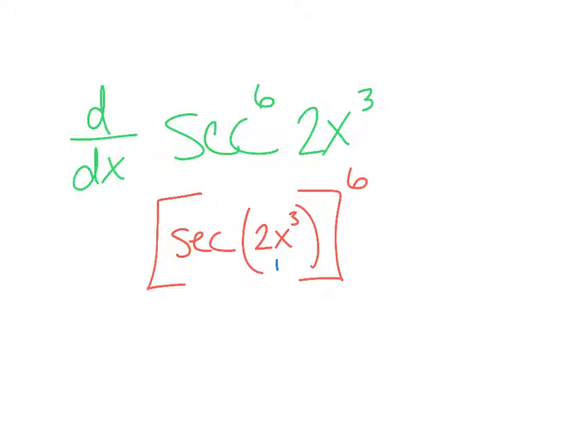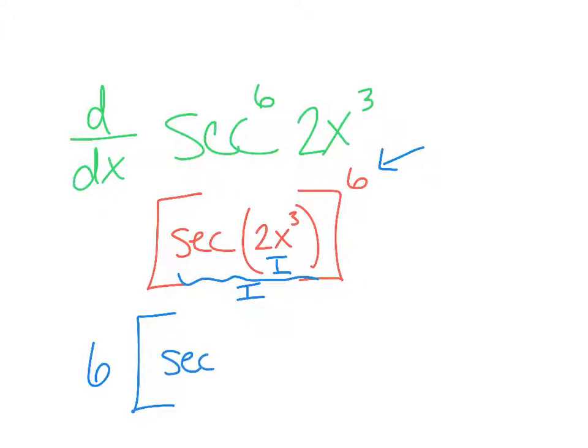Okay, so I've got my inside, my second inside, and then my outside. So derivative of the outside, so there's my power, leave the inside. Subtract my 1, times, now I need the derivative of the inside. So again, if it helps, write out that inside off to the side for yourself.